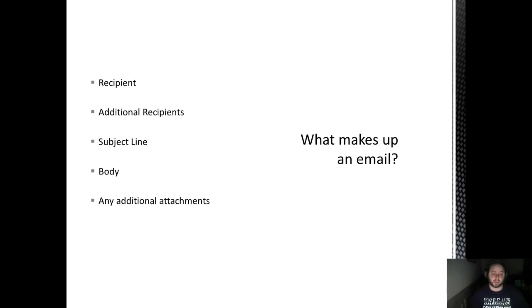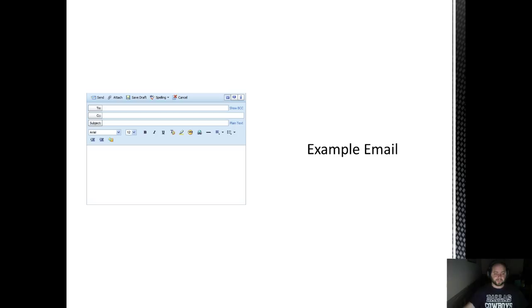I will talk about that as well, because there are certain aspects of the body that need to be taken into consideration, especially when dealing with business type emails. And then any additional attachments that would be involved. You're attaching pictures or documents, or even a video, for example, that you're adding to it.